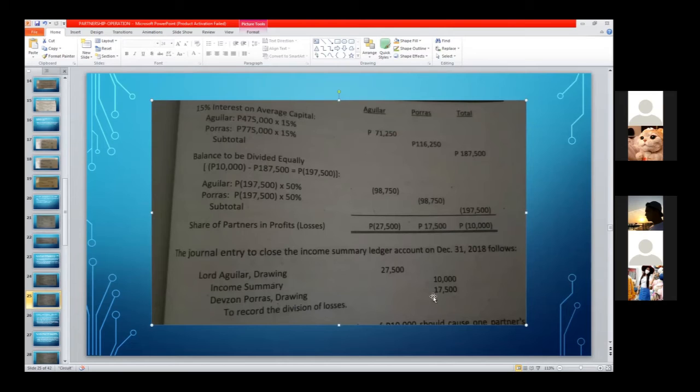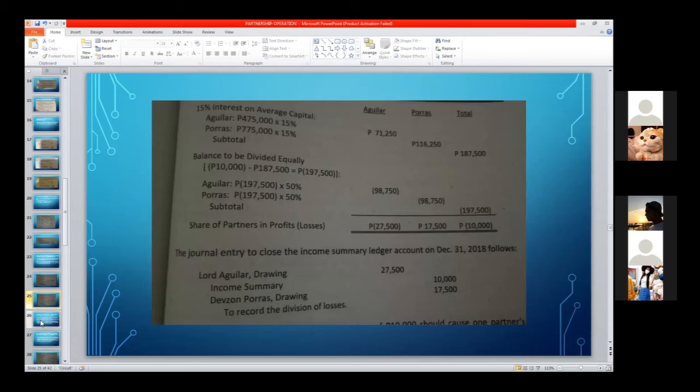Parang closing na, o reversing. Basta ni-reverse na natin. Kaya ganyan yung entry niya. Imbis na sa debit side, nilagay na siya sa credit side, kasi tinanggal na yung loss. Dinistribute na natin sa mga partners. So, ayun yung mga amount nila.